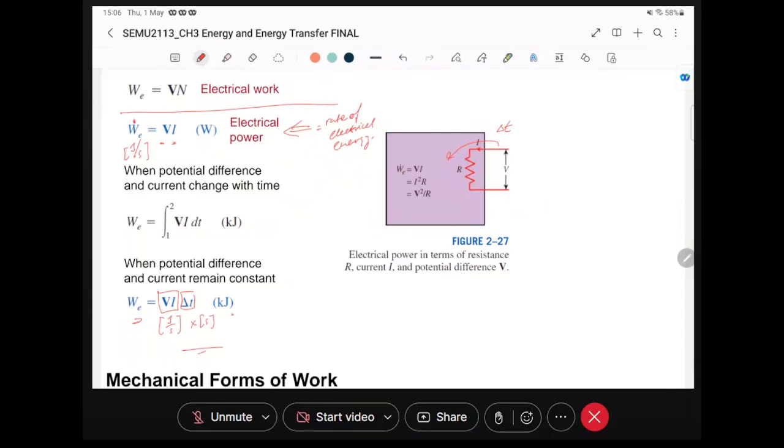If we take the example of the electrical motor just now, you're running at a certain voltage, at a certain ampere, for a certain time. So the total electrical work, assuming there's no temperature difference in the process, assuming the electrical motor doesn't heat up.